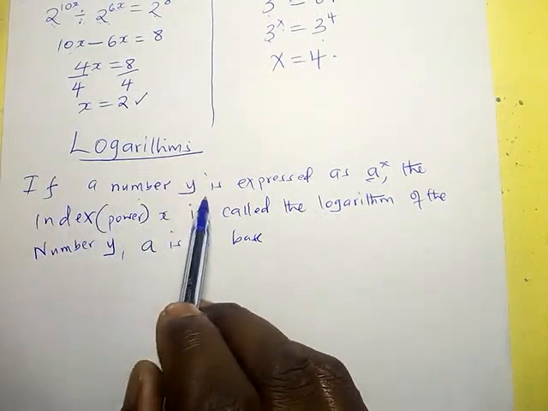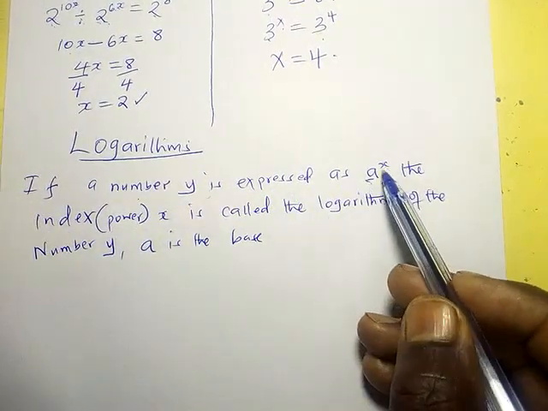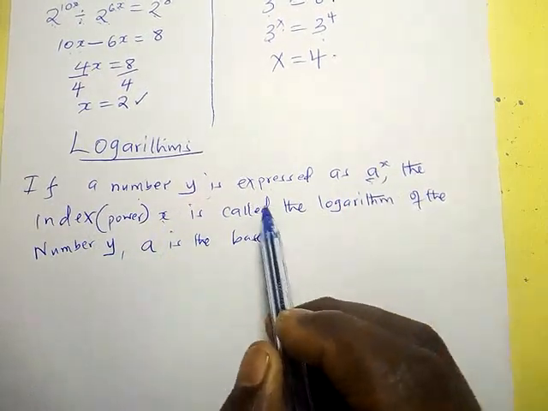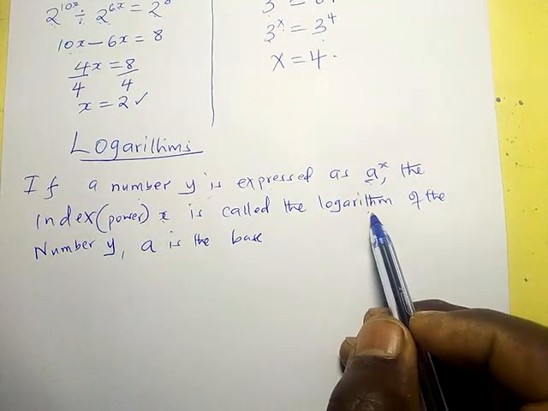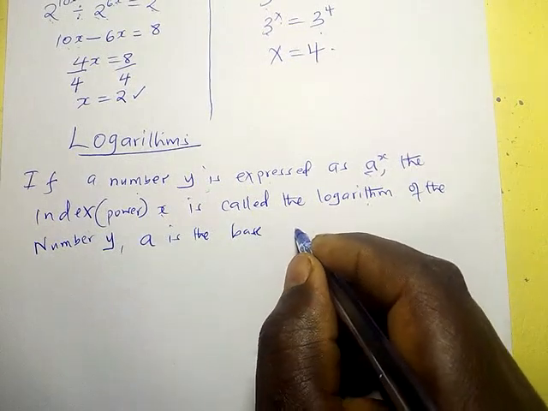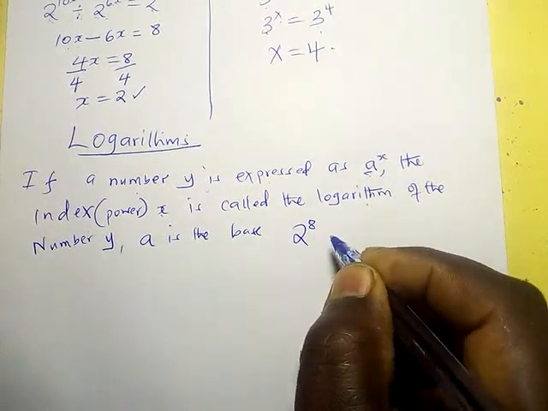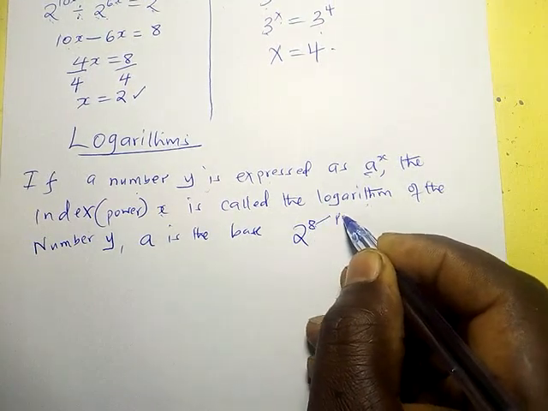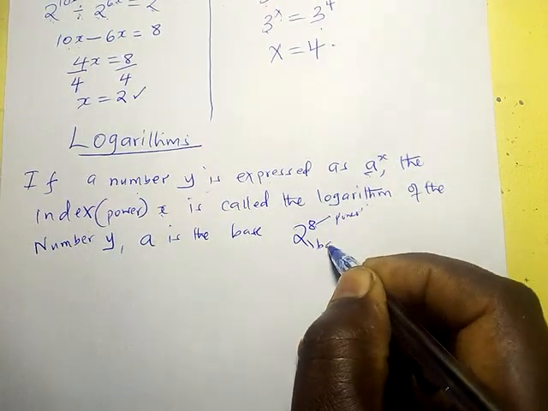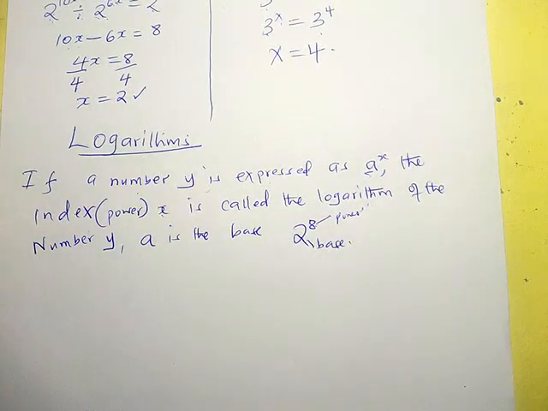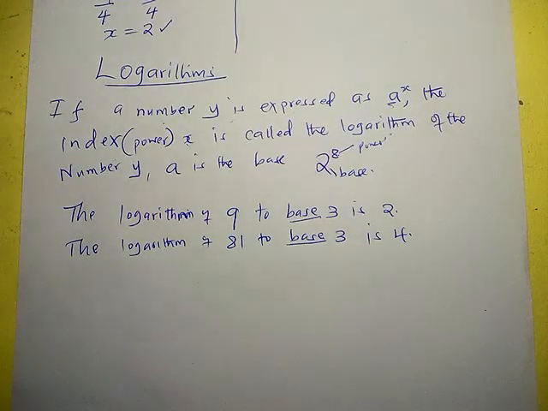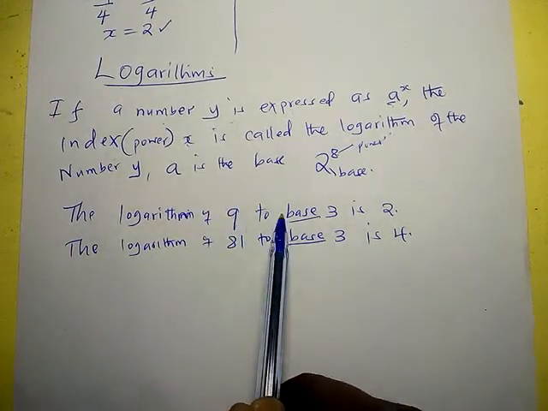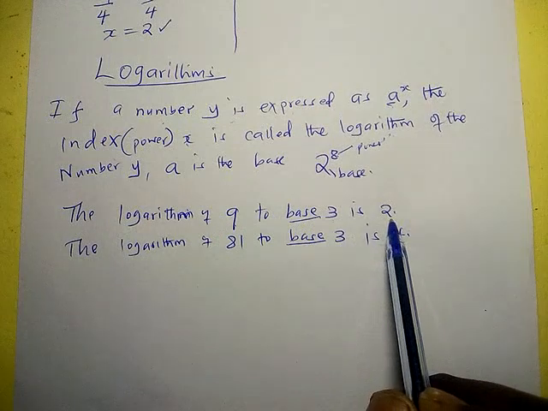So if a number y is expressed as a raised to power x, the index or the power here is what is called the logarithm of a number. So if I have, for example, 2 raised to power 8, the logarithm here is 8, which is the power, and this one is the base. Similarly, the logarithm of 9 to base 3 is 2.